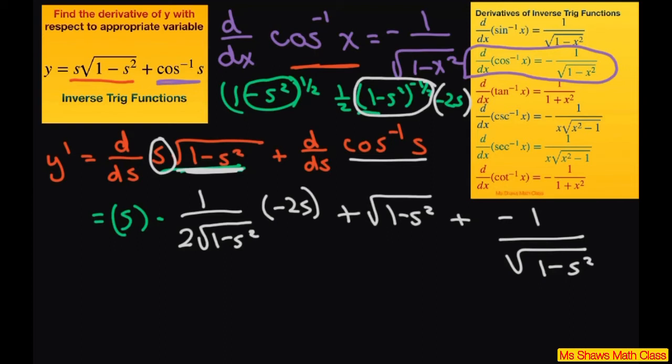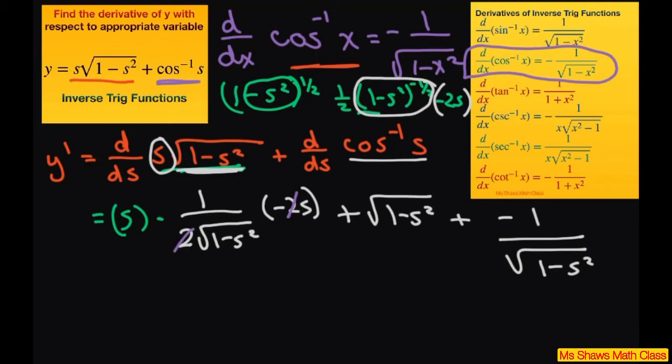And now all we have to do is let's get our common denominator. Let's see. Let's cross out the 2's first.